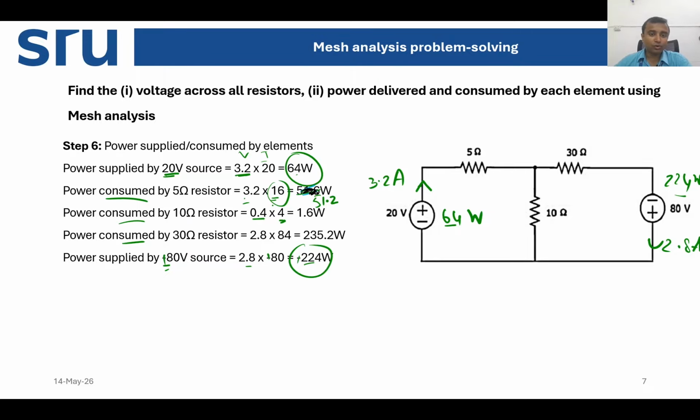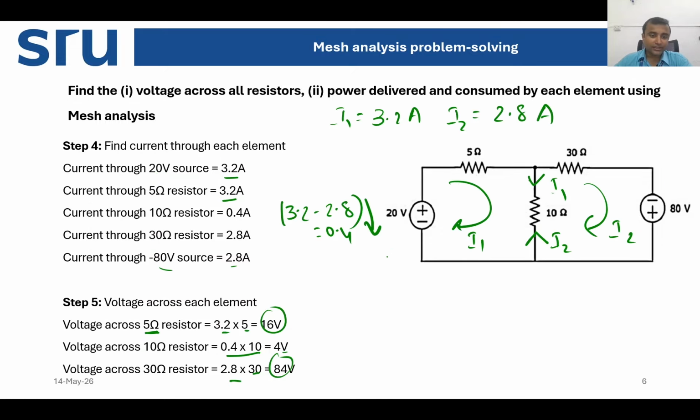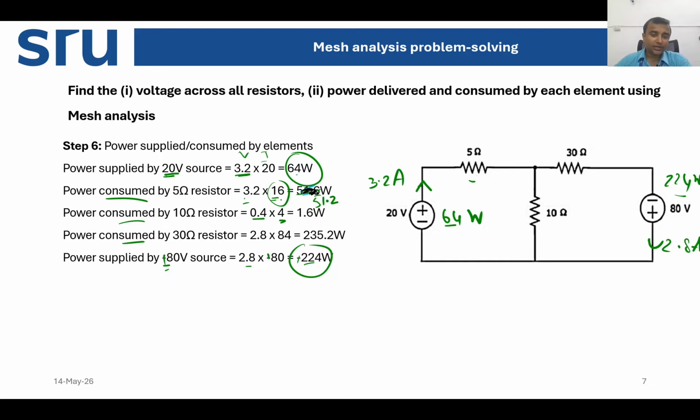The power consumed by the 5 ohm resistance is the voltage drop across the 5 ohm resistance times the current, so it is 16 times 3.2 equal to 51.2. Then for the 10 ohm resistance it is 0.4 times 4, and for the 30 ohm resistance it is 2.8 times 84.